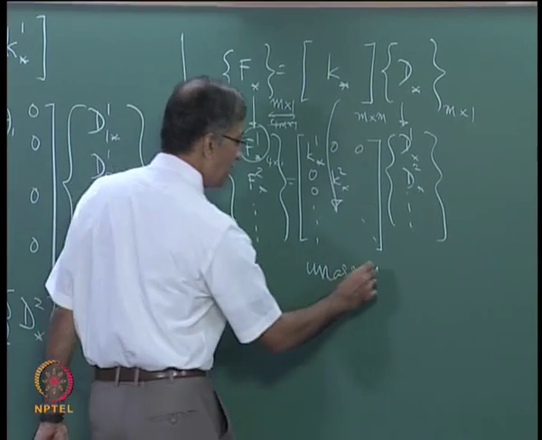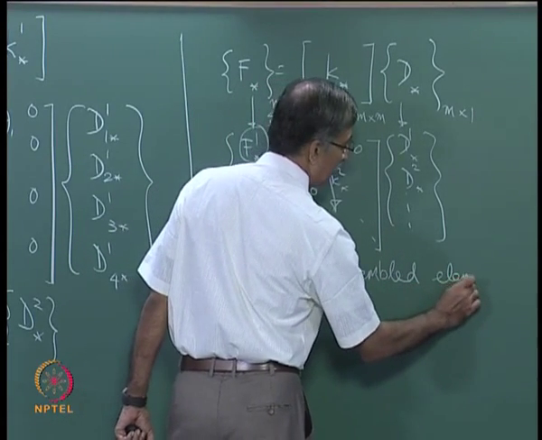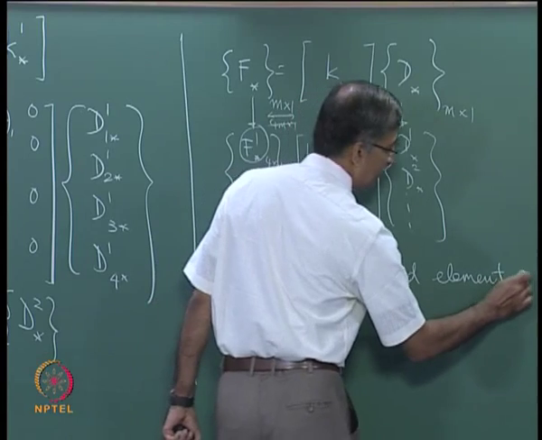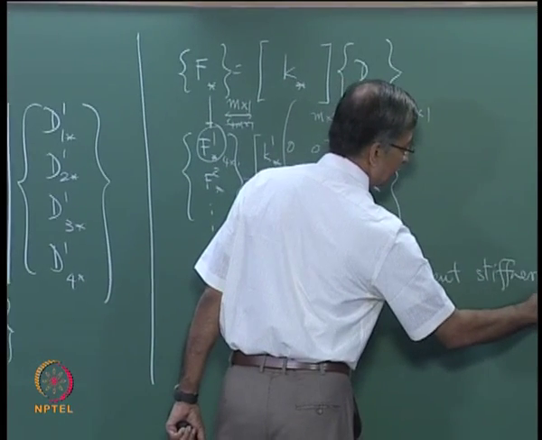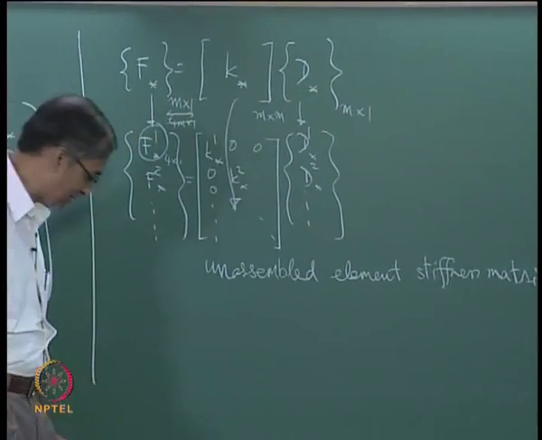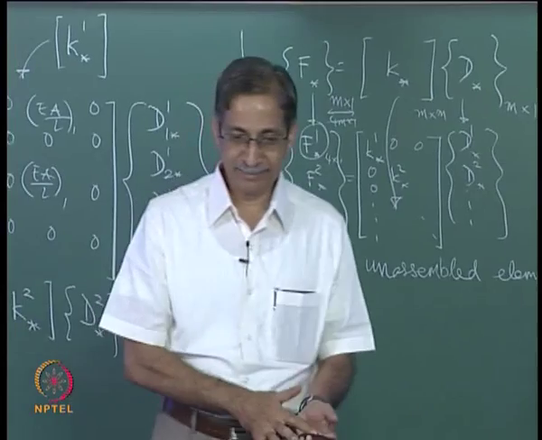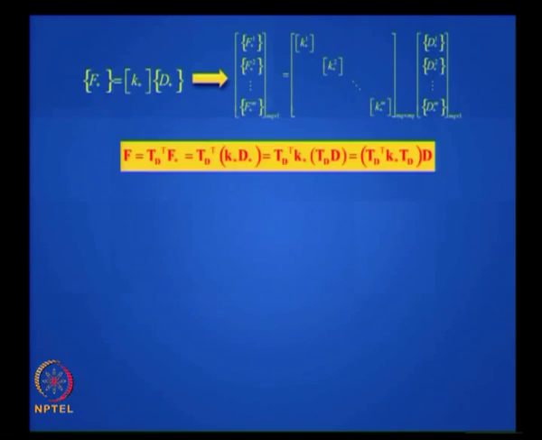So this is called the unassembled element stiffness matrix. Does it make sense? That's what's shown in the slide here. So it's always a diagonal matrix, and if you do the transformation here, it's a simple transformation.